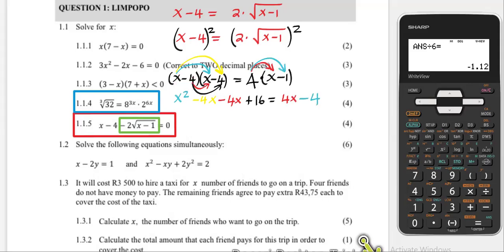I'm going to do it one time in my head. Here's how I do it in my head. I square the first x, it becomes x squared. I take x times minus 4, it's minus 4x, and I double that, so it's minus 8x.